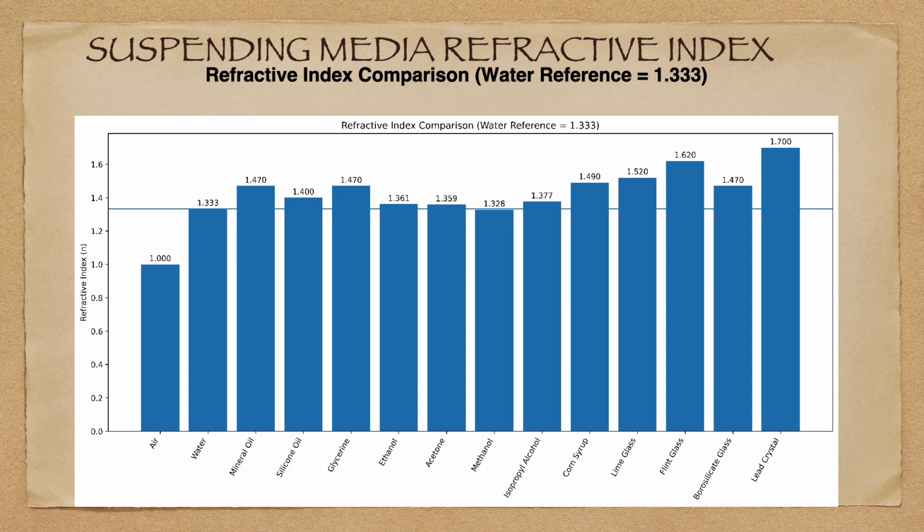So the attention would be directed toward small objects such as seed beads, glitter, sand, small items, and change the characteristics of how those fall under the influence of gravity within a suspending media.